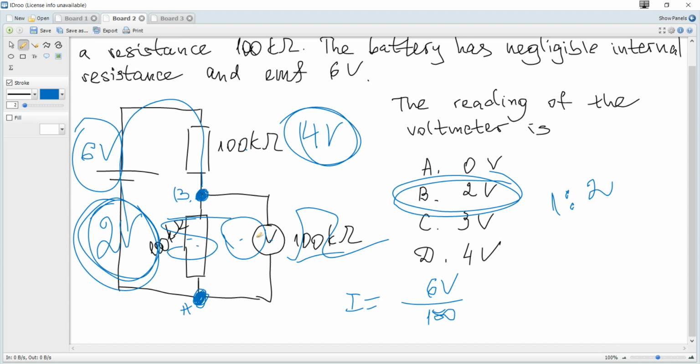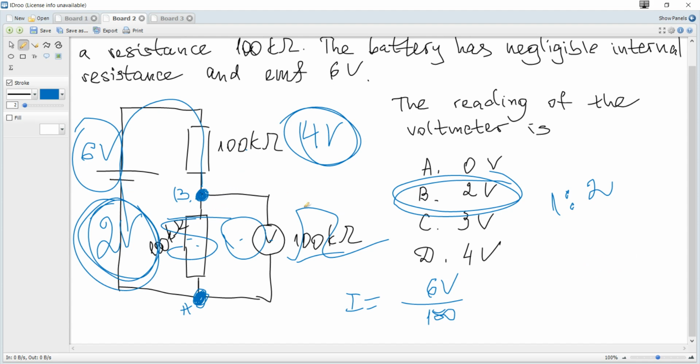And it's clear here that current through each branch in parallel will be a half, because same resistances. But in general, you should apply that voltage in parallel is the same, so you equate voltage, current times resistance for one branch and for another.